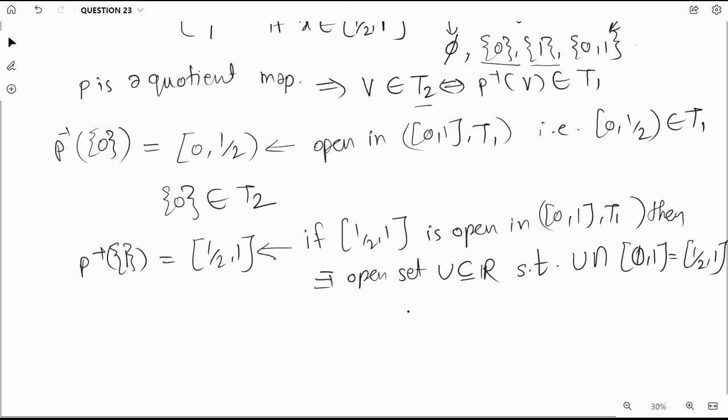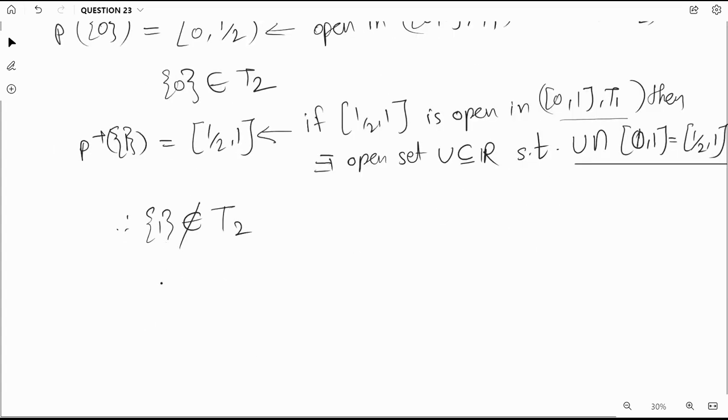But there does not exist any open set U satisfying this. So that is why this is not open in ([0, 1], T1), and therefore {1} does not belong to T2.